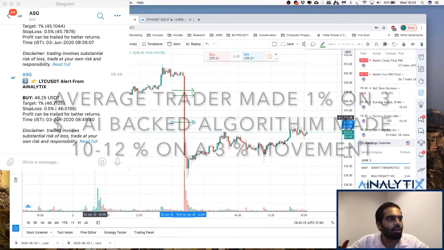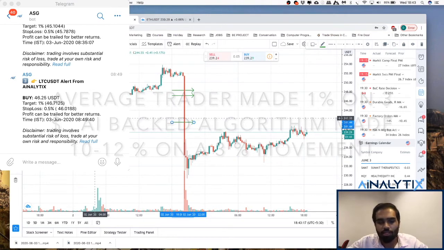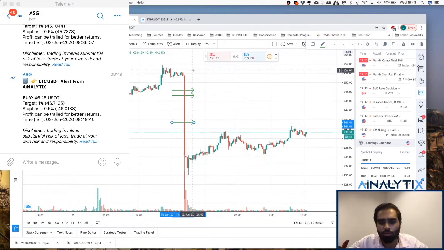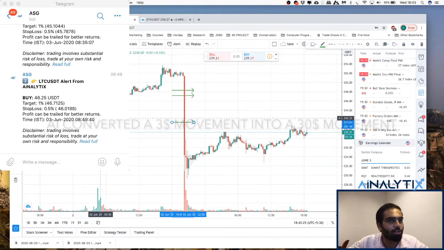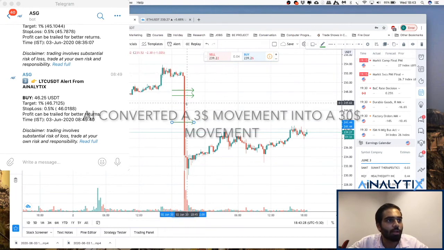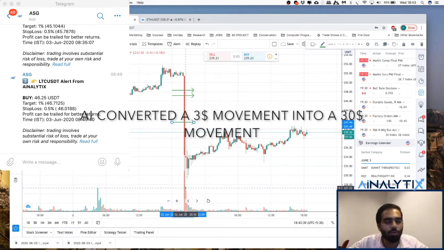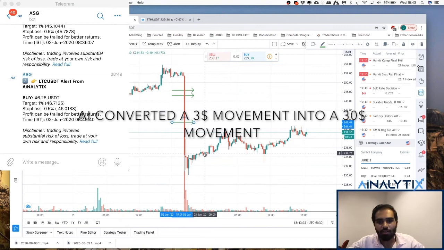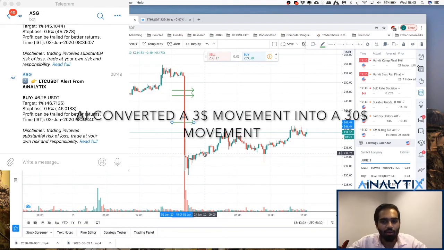But using our artificial intelligence model and trading on the volatility of the market, we've taken advantage of about $10 going up and about $20 to $25 going south. So we made a $3 movement into a $30 movement.